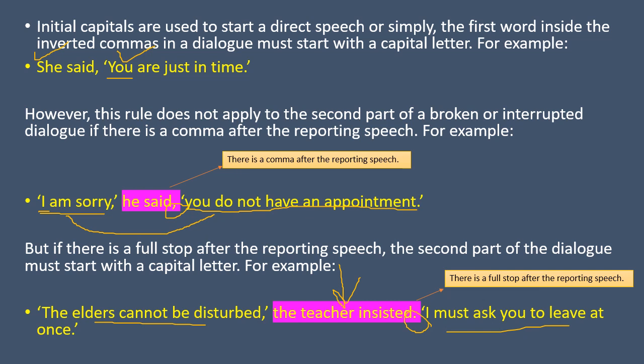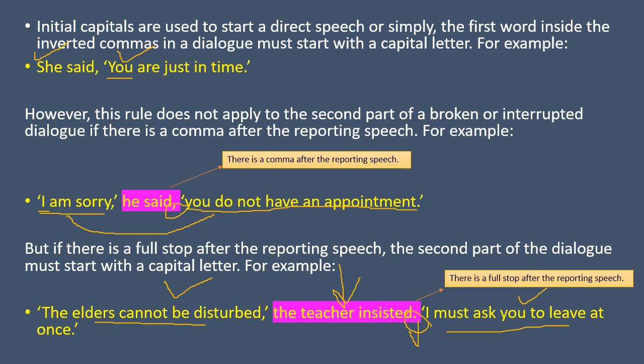Here it is the teacher who is saying this bit and that, but the difference is that here you have a full stop. And after that, I is always capital, but for example if the sentence is "you must leave at once," Y would be capital because we have a full stop here.